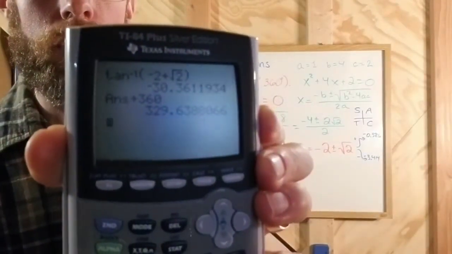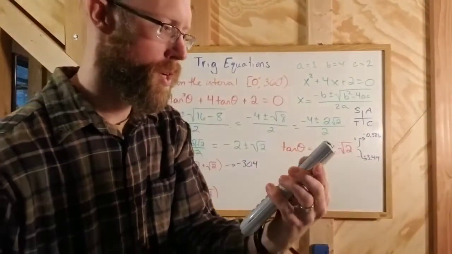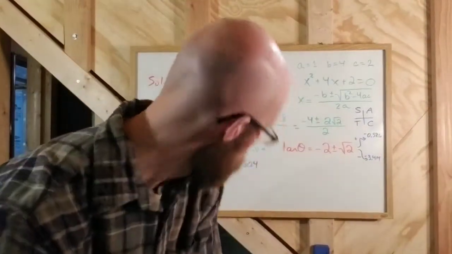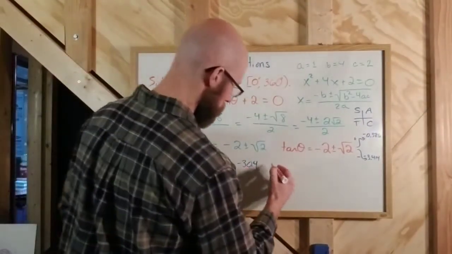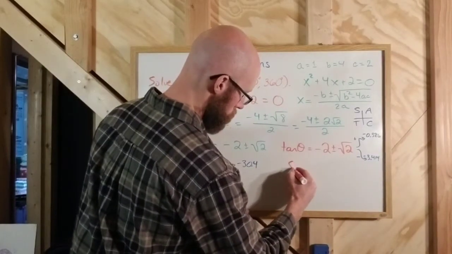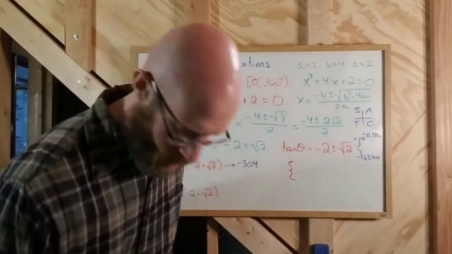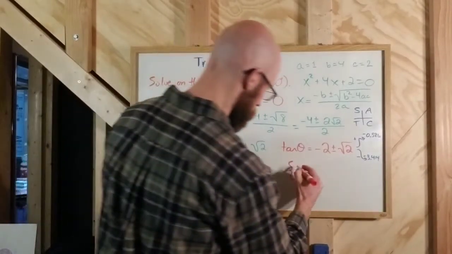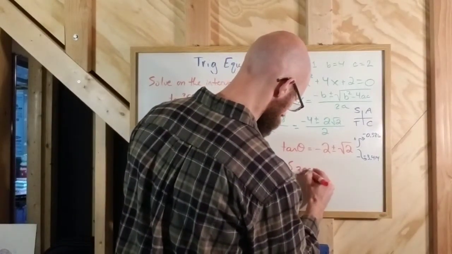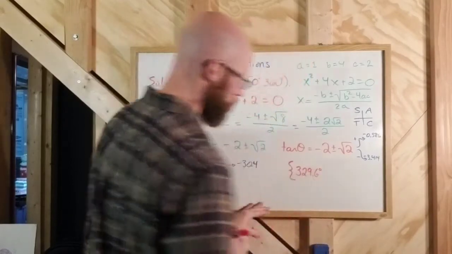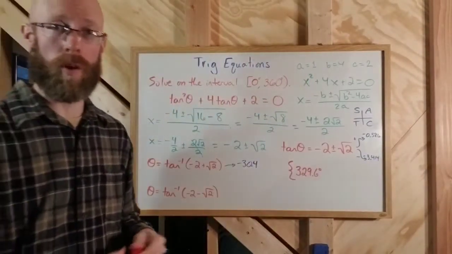Just hit plus 360, and you get 329.6, right? So one of the answers I'm going to need, and maybe I'll just start building my solution set right now. I'm just throwing stuff in there as we go. 329.6. Okay, that's the first one. That's a fourth quadrant angle.